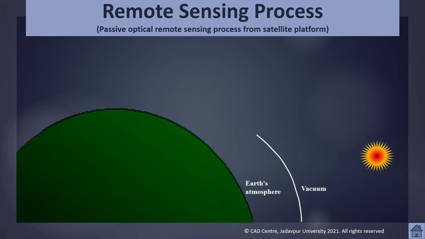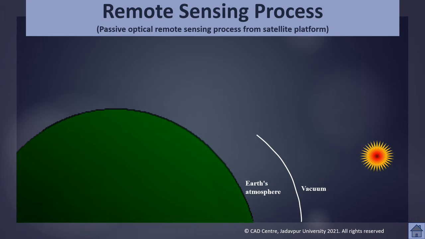Now, what does it mean by passive, or what does it mean by optical? We don't know at this point of discussion. We shall discuss these issues in greater detail, but for the time being, passive means when we are using the natural source of energy.